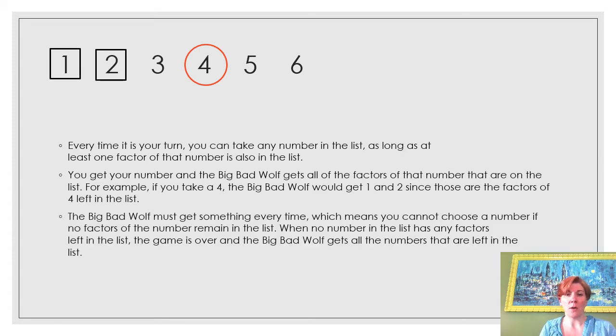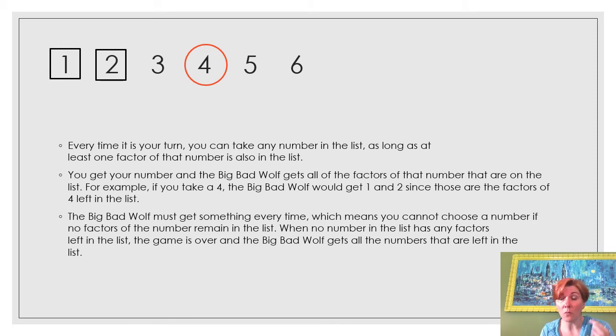So your job is going to be to figure out how you can pick the number so that the wolf gets the least amount of numbers. But keep in mind that the big bad wolf must get something every time, which means you cannot choose a number if no factors of that number remain on the list.